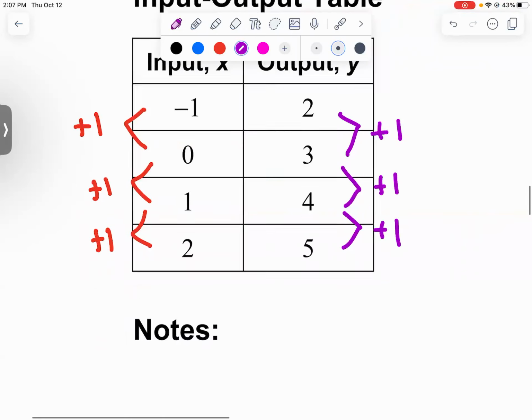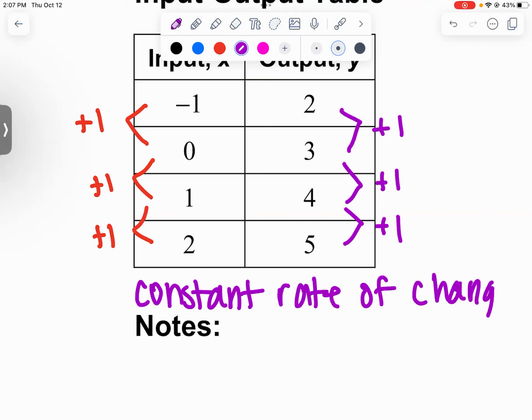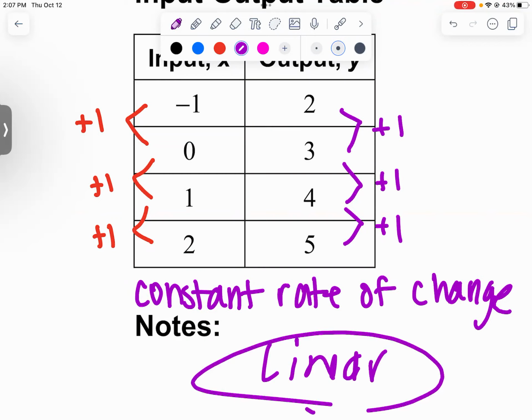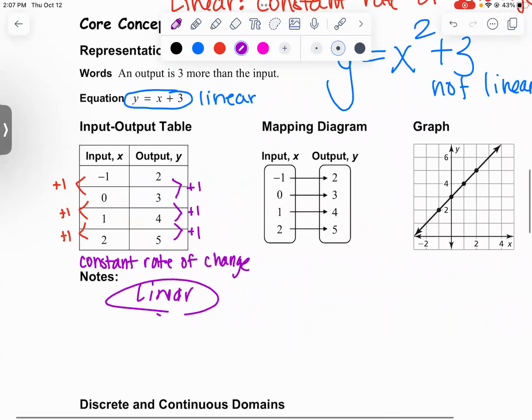Yep. So since we have a constant rate of change, this is a linear function. And guess what? Because it's linear, it makes a line.